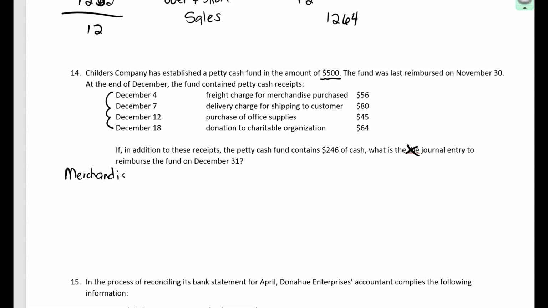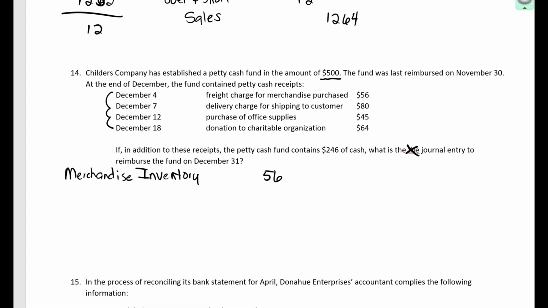If you remember from dealing with our merchandise inventory, freight charge is part of the cost of inventory, so we won't take that to a freight expense account. That's going directly into merchandise inventory. Merchandise inventory debit of $56.